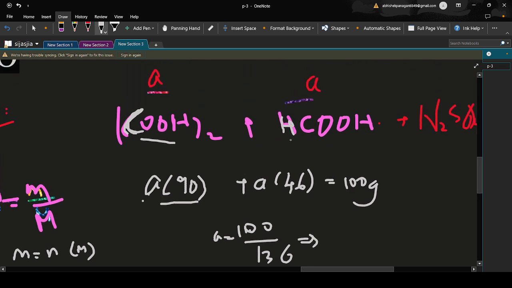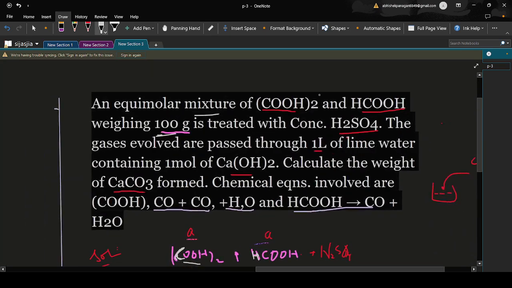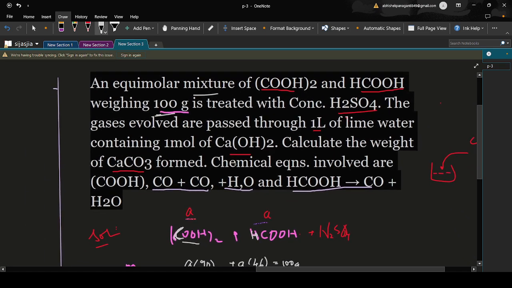Now let's get back to the question. Treated with concentrated H2SO4, the gases evolved are passed through.